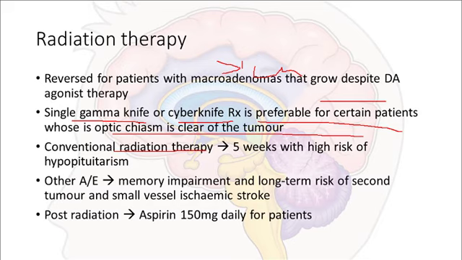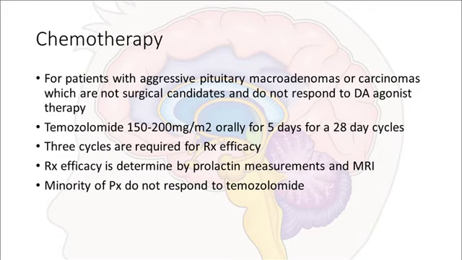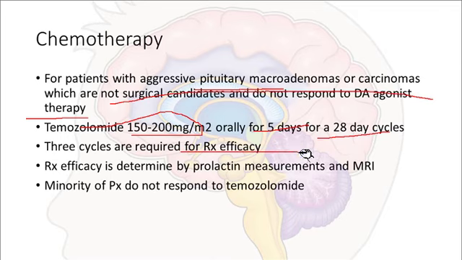When it comes to chemotherapy, this applies to patients with aggressive pituitary adenomas or carcinomas who are not surgical candidates and do not respond to dopamine therapy. We then consider temozolomide 150 to 200 milligrams per square meter given orally for 5 days for a 28-day cycle, of which 3 cycles are generally required for treatment efficacy, and treatment efficacy is determined by prolactin measurements and MRI measurements.